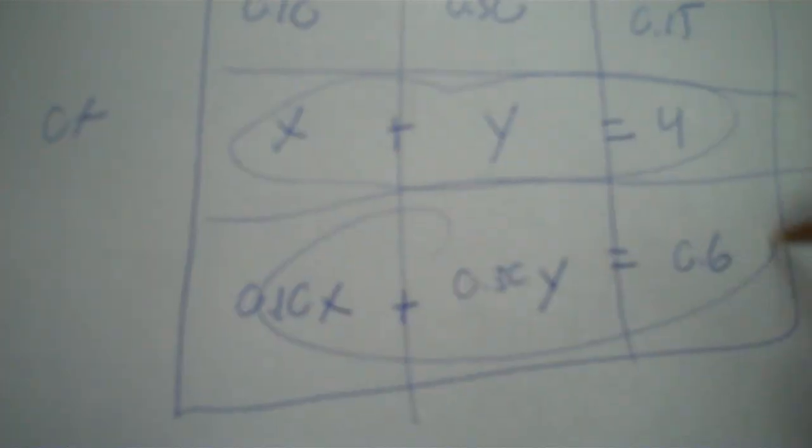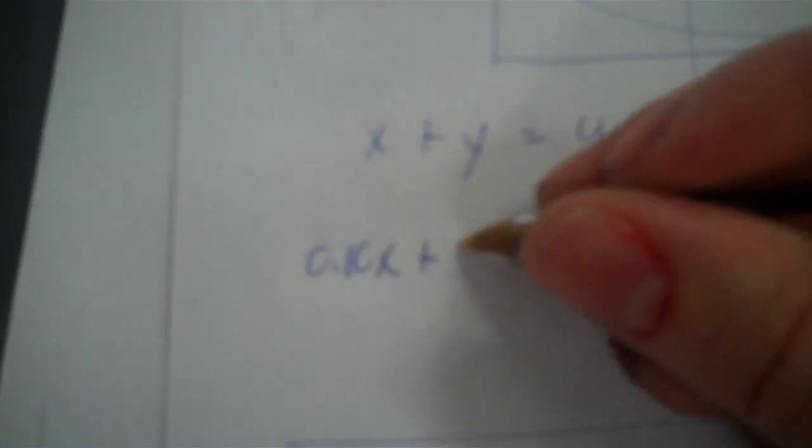And that's another equation. So you see these two equations, you stack them. x plus y equals 4, and then we have 0.10x plus 0.30y equals 0.6. Adding here doesn't do us any good. We need to multiply.